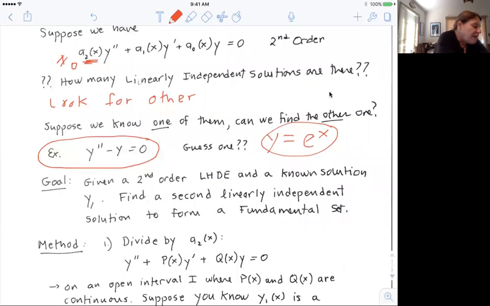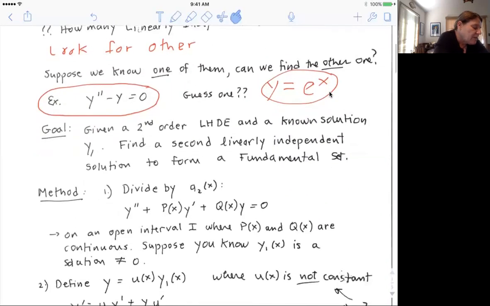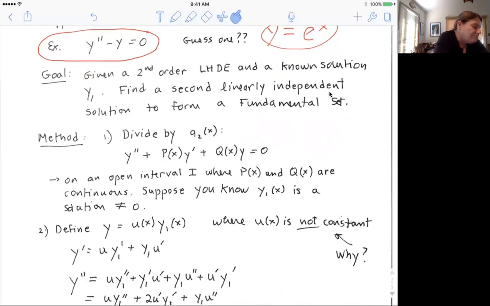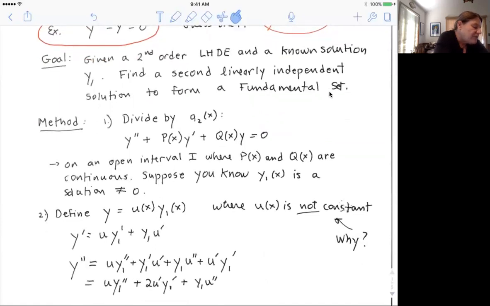And when I divide by that, this would be A1 of x divided by A2, and this would be A0 of x divided by A2. I'm just going to call them P and Q. I'm not going to drag all those A2s and A1s all the way through. I just divided the whole equation by A2. That's the first thing you have to do if you're doing it what I call the long way.